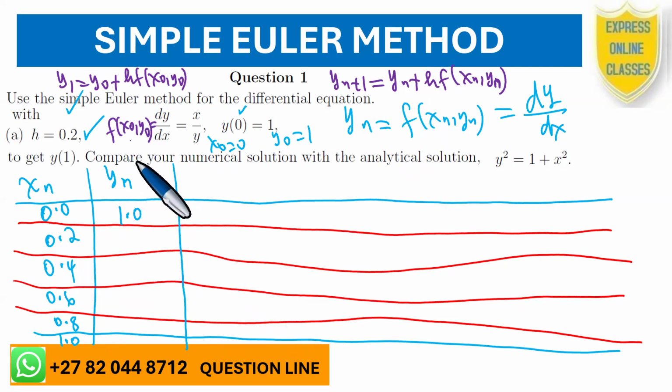If f is the derivative x over y, then x0 divided by y0: x0 is 0, but y0 is 1, and 0 over 1 is 0. So f of this would be 0, and y1 will be the same as y0, which is 1, but we'll just put 1.0. Dealing with 0.4.